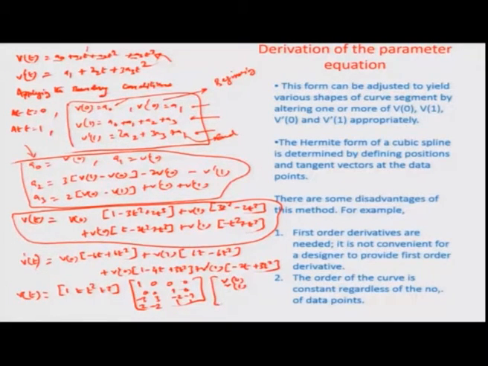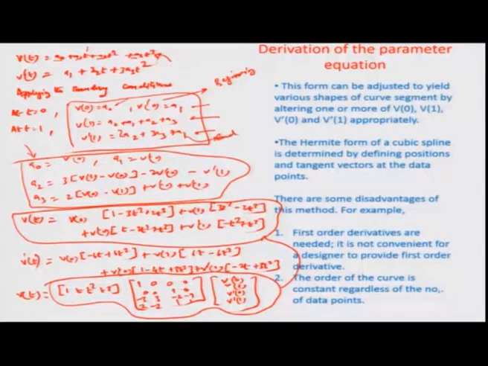In this case it is v 0, v 1, v dash 0, v dash 1, and you can say that this multiplication would typically result in this particular equation, which is the relationship between v t, v 0, v 1, v dash 0 and v dash 1.